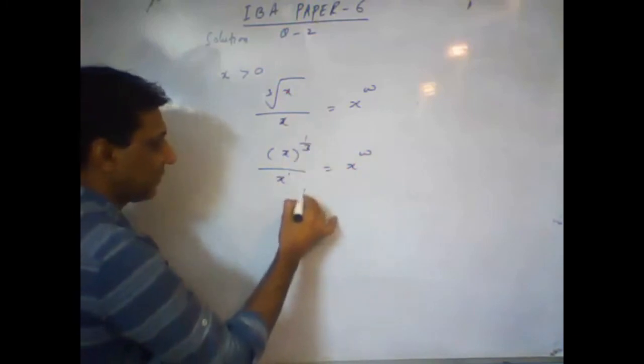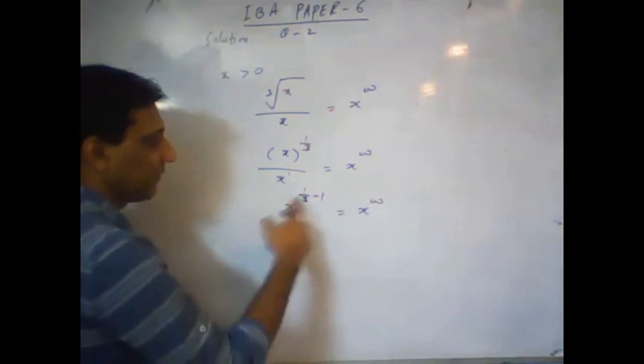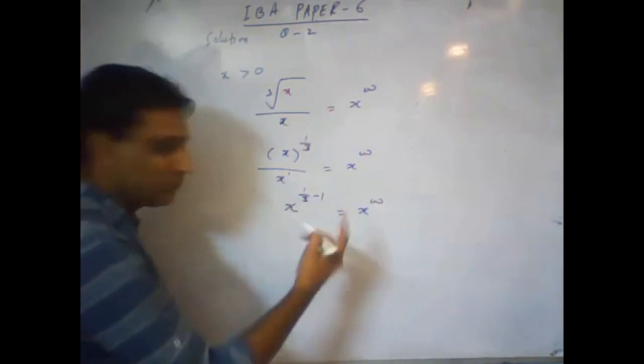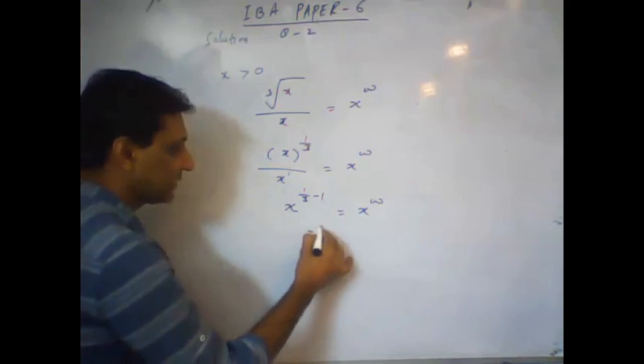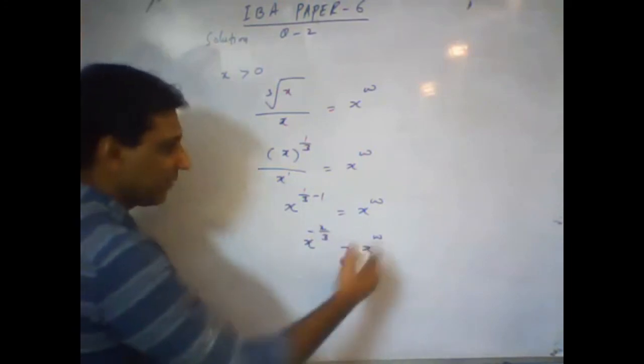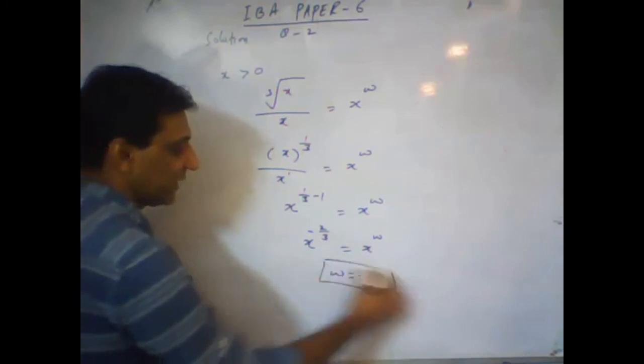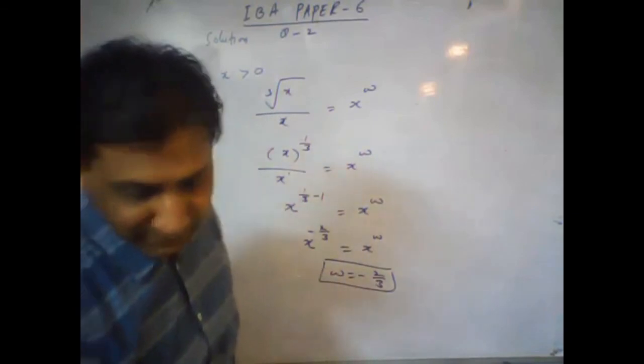So this is x to the power (1/3 - 1) equal to x to the power w. 1/3 minus 1 is minus 2/3. So x to the power minus 2/3 is equal to x to the power w. So the value of w is minus 2/3. So the answer is option B.